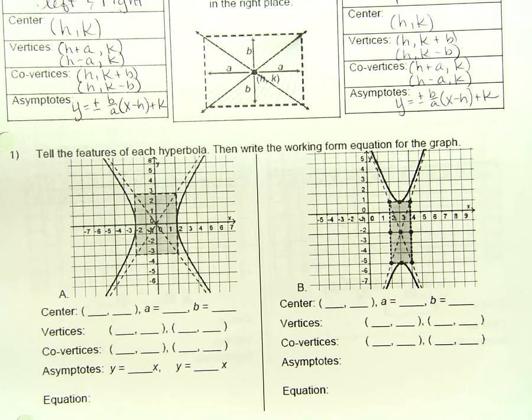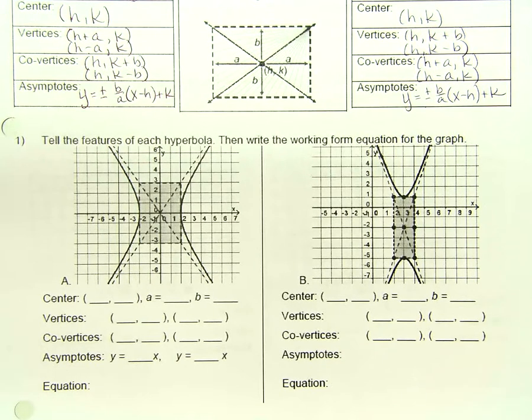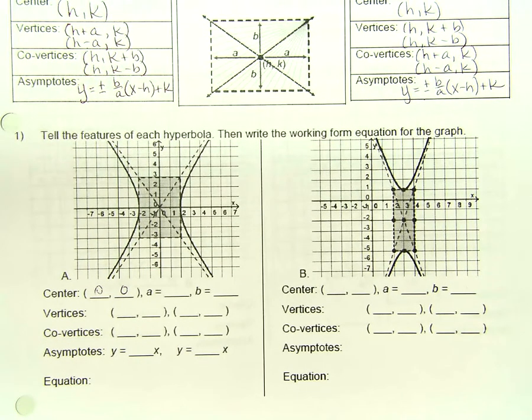Look at number 1. Where's the center? How do you know the center is at 0, 0? The asymptotes cross there is one way to know.